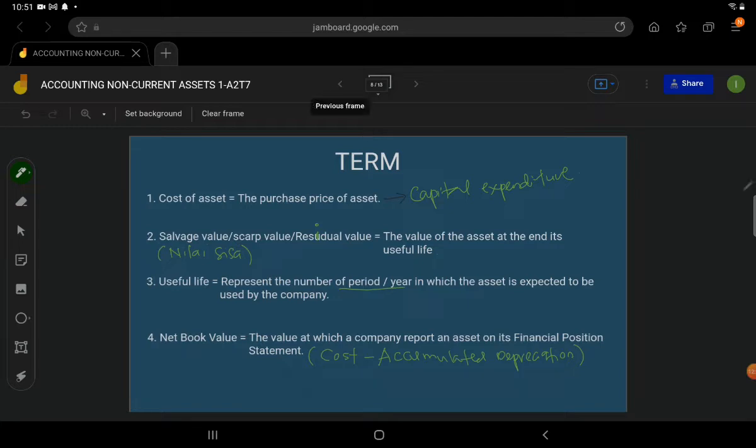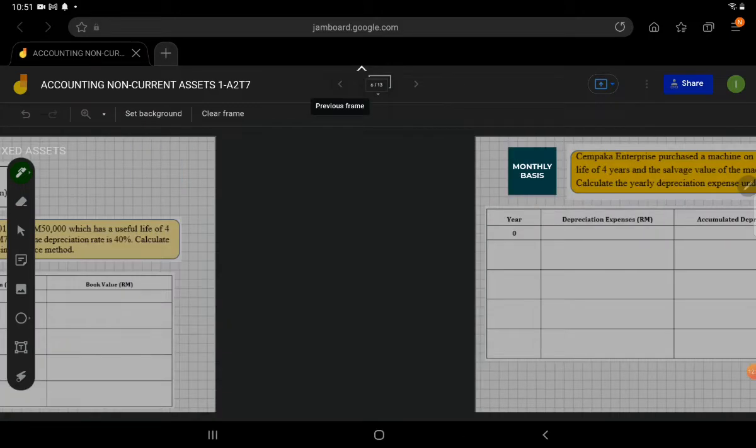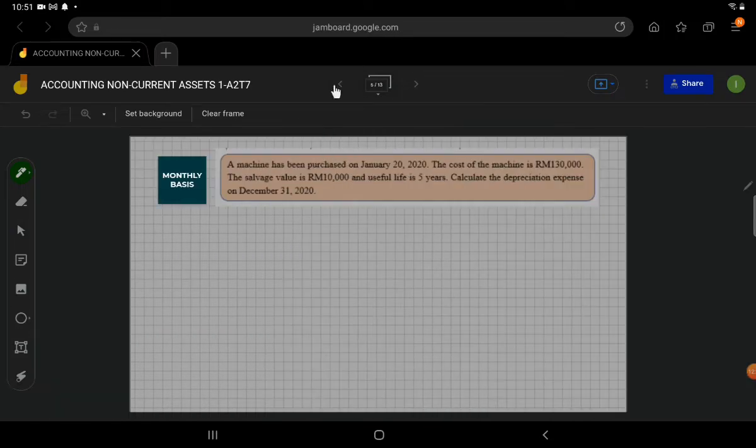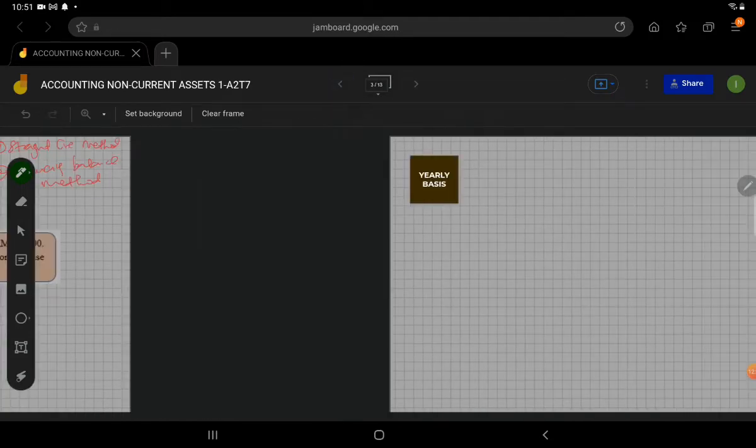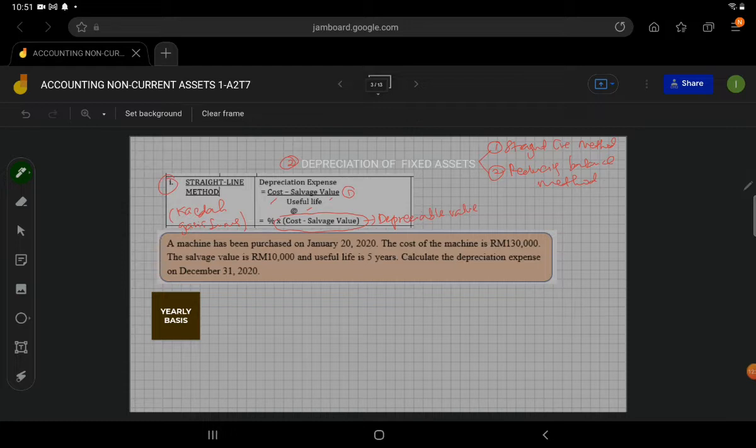Okay, now bila kita dah tahu terms, kita dah tahu formula, so now we can calculate the depreciation using straight line method. Okay. And then, one more thing. Sebelum kita nak kira depreciation expense, tadi kita dah tengok terms. And then yang kedua, yang paling penting, kita kena tahu apakah basis yang digunakan.